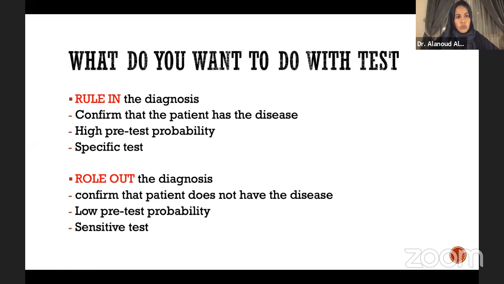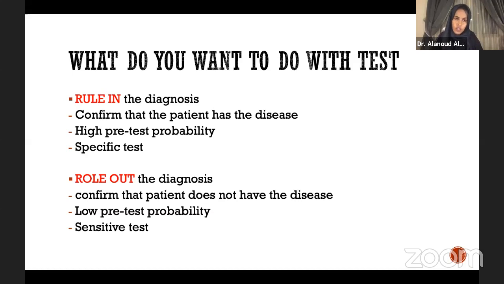And again, the concept of ruling in the disease: if you want to rule in the disease, then you need to have a high pretest probability. And I'll give you an example of COVID. If you had a direct unprotected exposure to a patient with COVID-19, you're not wearing a face mask, you don't have any PPE, and you stayed with this person 30 minutes or less than 2 meters, like the definition of direct exposure by WHO and CDC, your pretest probability is high.